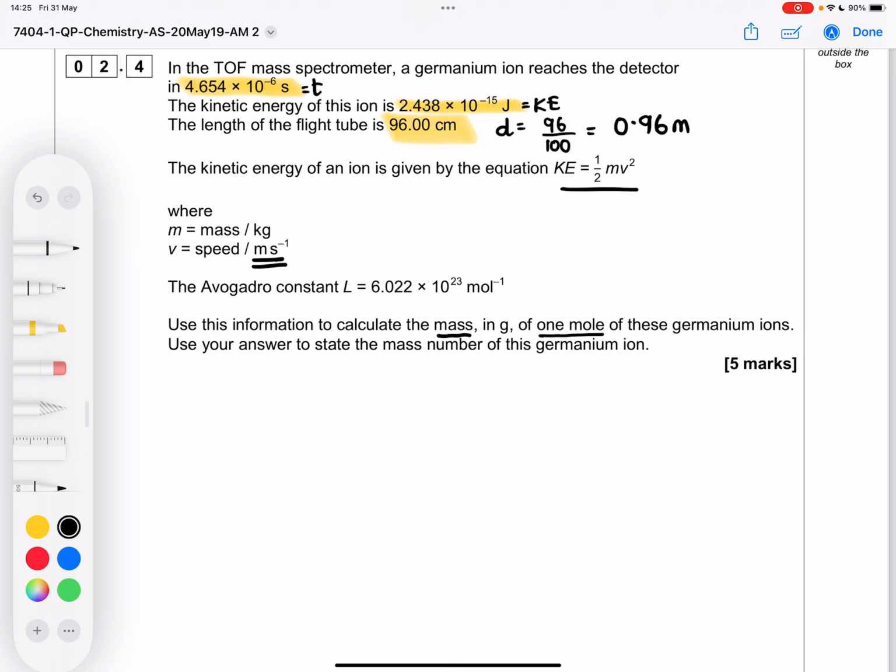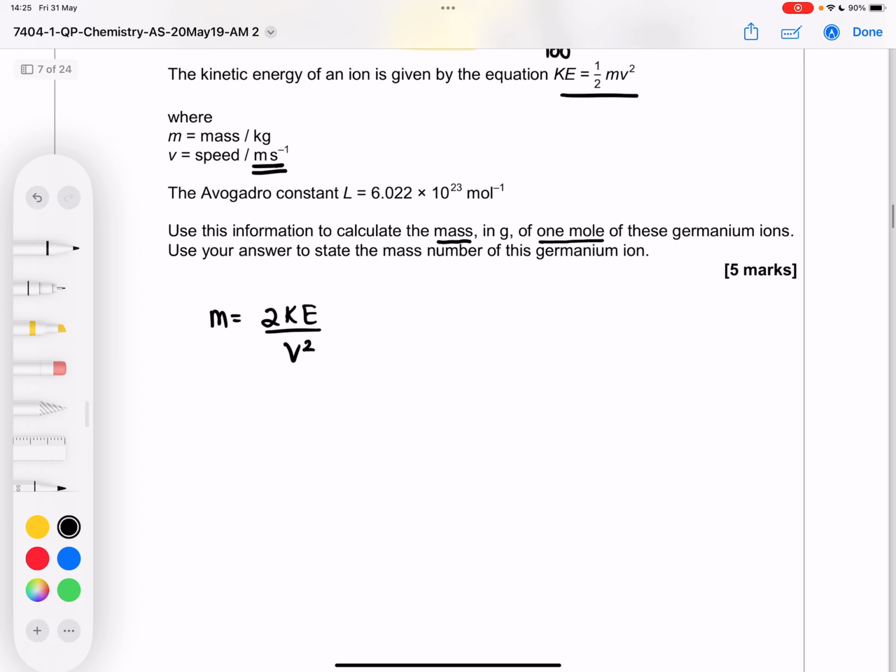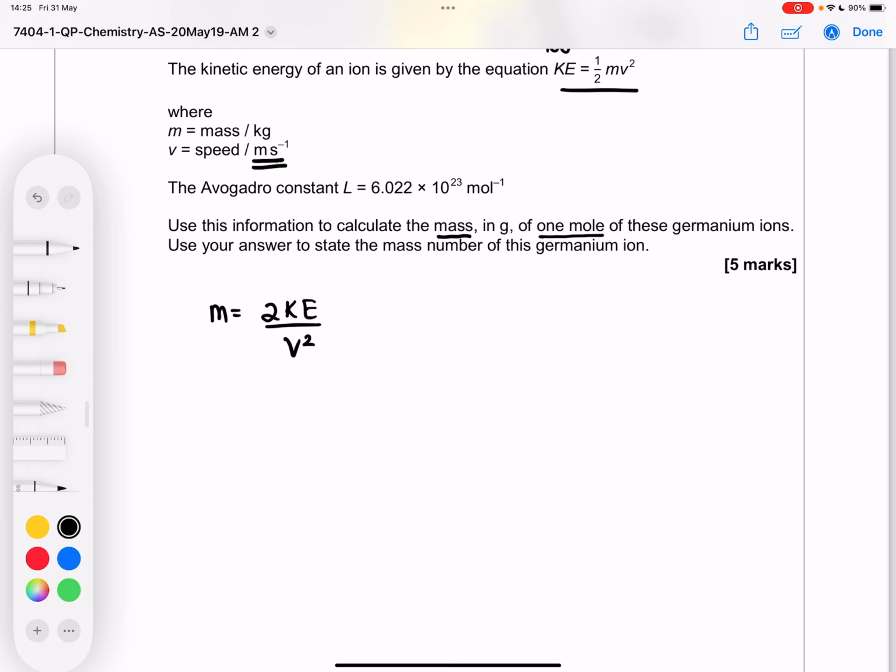We're going to use this to find the mass of 1 mole. So the first thing we're going to do is rearrange the kinetic energy equation to find the mass of 1 ion. So that would be 2 times kinetic energy divided by velocity squared. But we're going to need velocity, and velocity is distance divided by time.